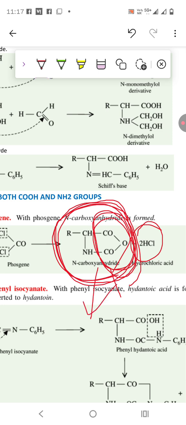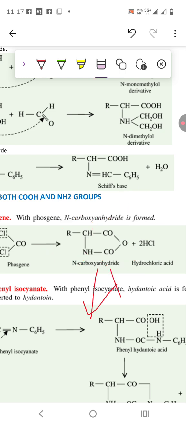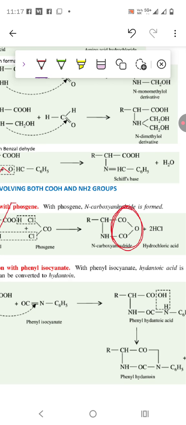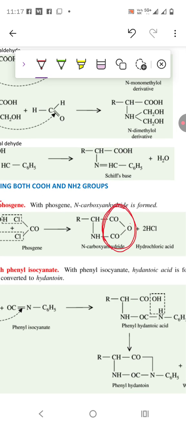It does not mean that there is always removal of water. That's not it. Anhydride means the structure. The structure looks like the anhydride. That's why nitrogen attached, carboxy CO from COOH, carboxylic acid, and anhydride means this oxygen.